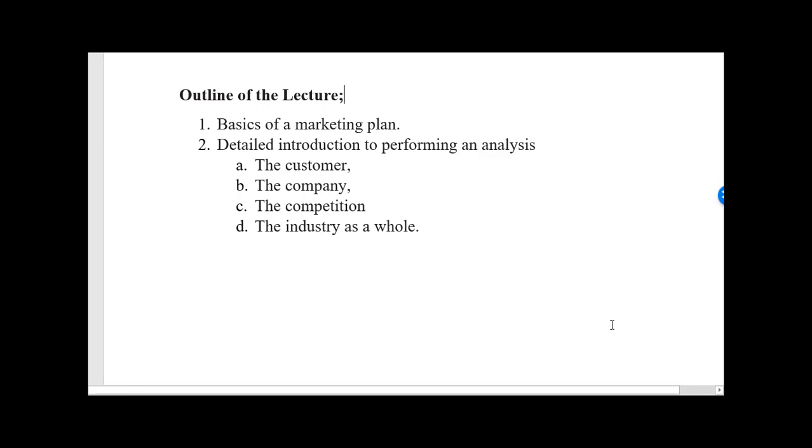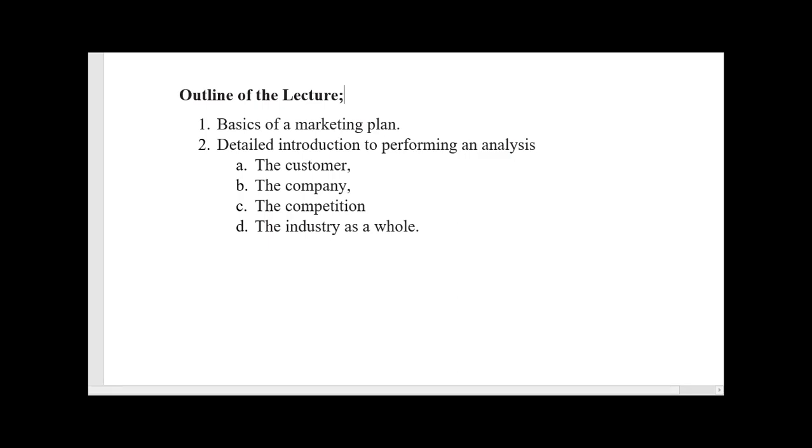Then we will talk about how the analysis is performed for strategic planning in terms of the customer, the company, the competition, and the industry as a whole. We will talk about a few tools that are used for strategic marketing planning.